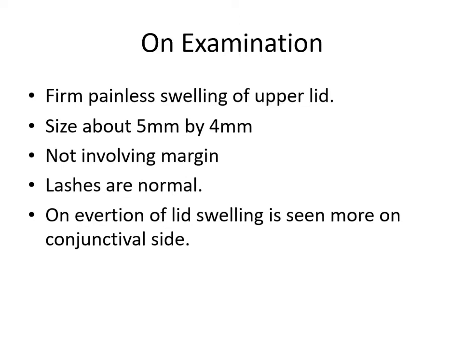So, what's the importance of knowing whether the margin is involved and whether the lashes are normal or not? Whenever there is swelling of the lid, it could be an inflammatory swelling, or it could be a neoplasm. When it is a neoplasm, you have to differentiate whether it is a benign neoplasm or a malignancy. To differentiate between them, if it involves the margin, there will be rounding off of the inner margin in malignancy.